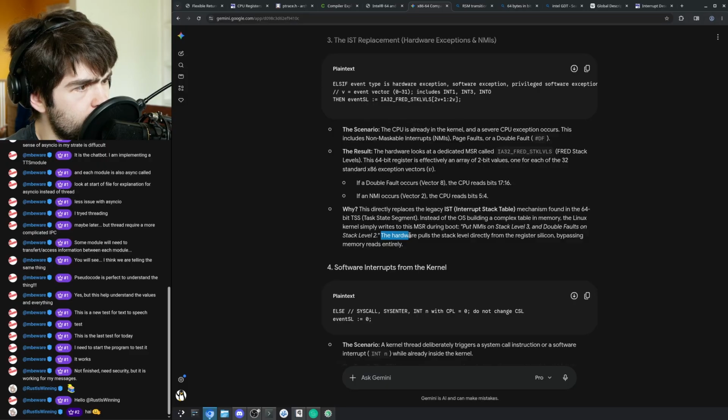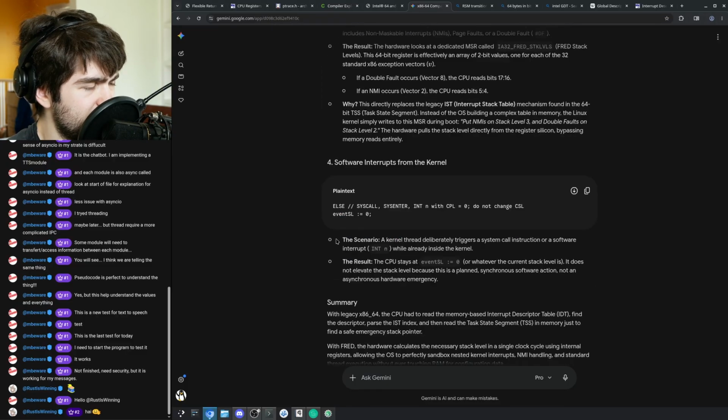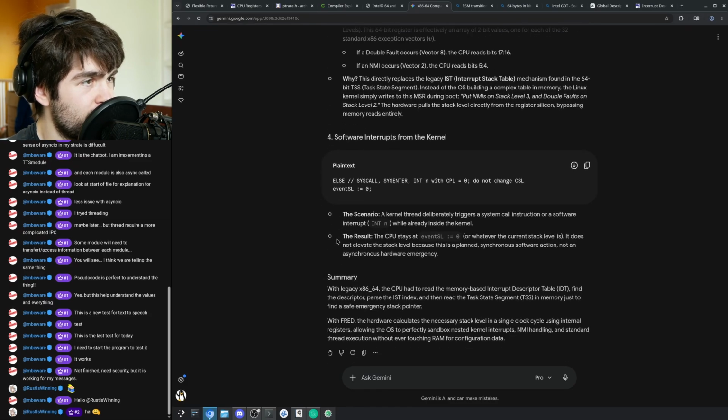The hardware pulls the stack level directly from the register in silicon, bypassing memory reads entirely. All right, that's cool, but I'm not sure how it would know where to put those stacks, but I guess that's part of the magic.